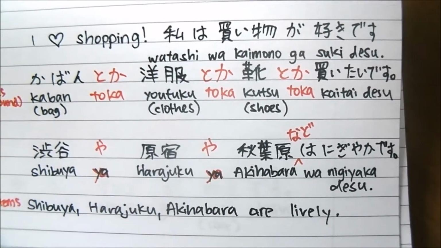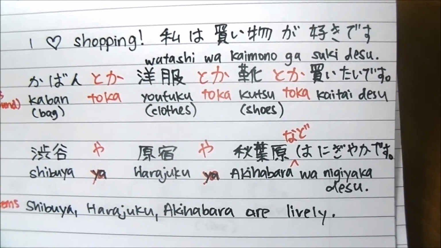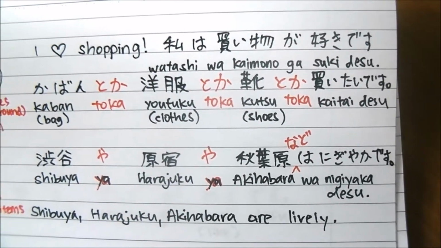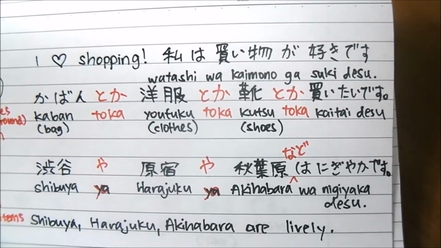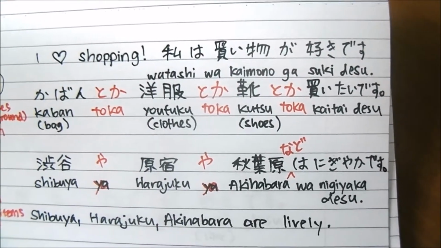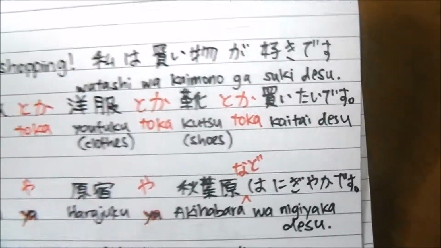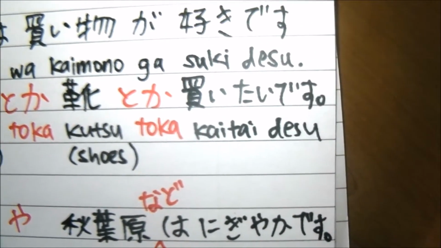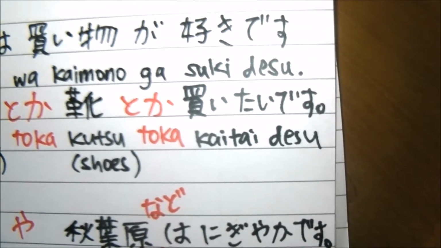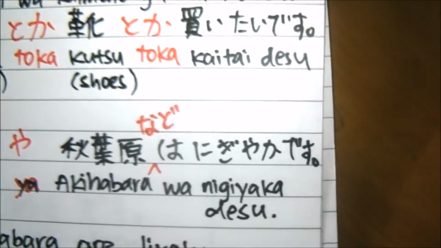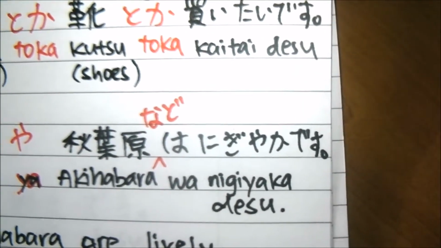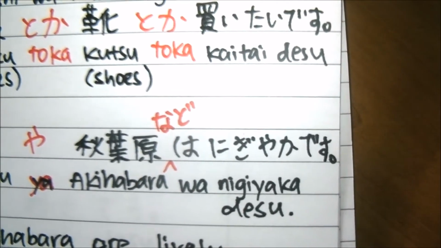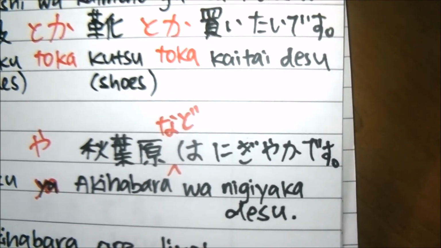You just continue on with your sentence, wa nigiyaka desu. For toka, you omit the o. By right for kaitai, you usually say, for example, kutsu o kaitai desu. But if you are listing, you omit the o, you put a toka. For ya, you just leave it as it is, wa. But you can add a nado after Akihabara. That's all.